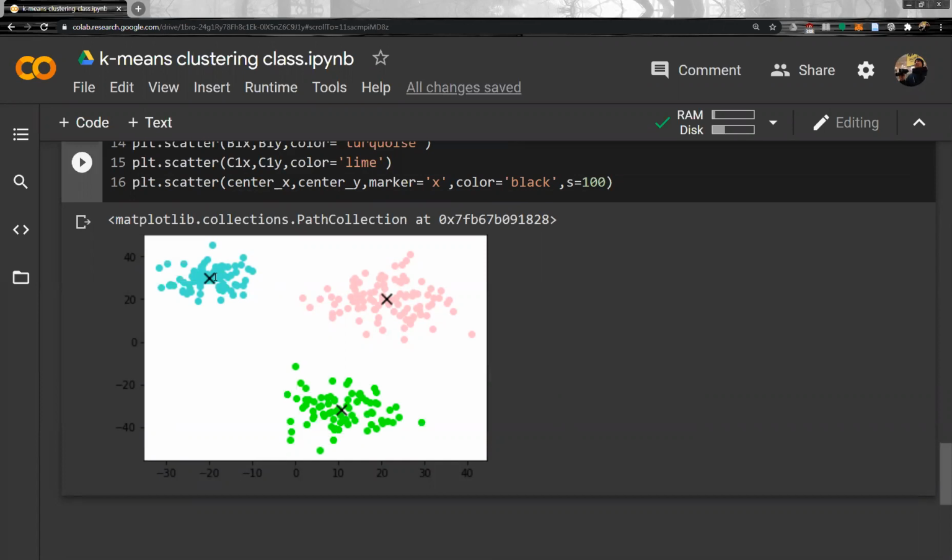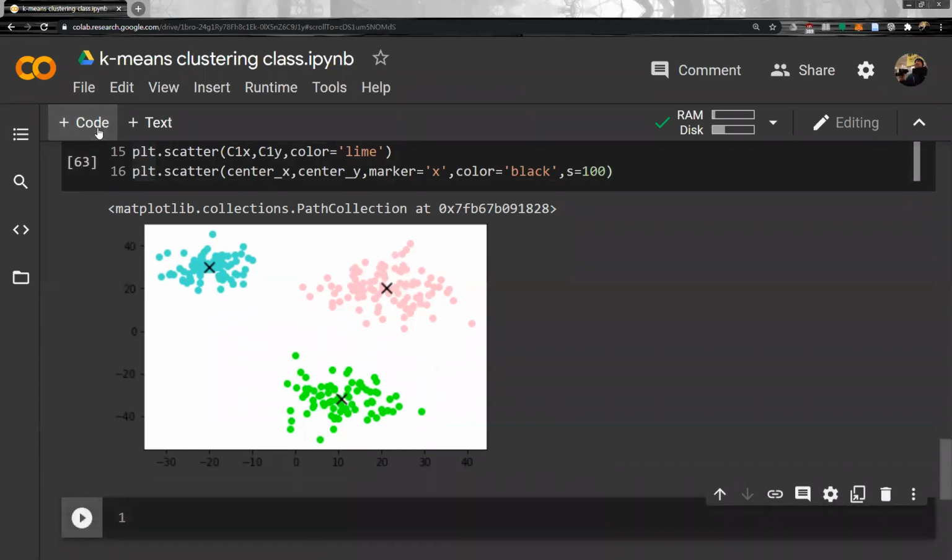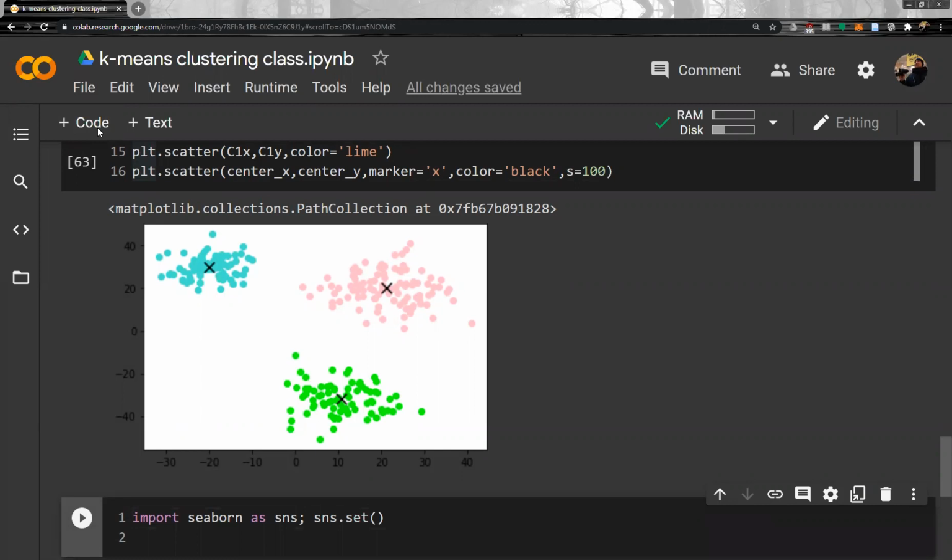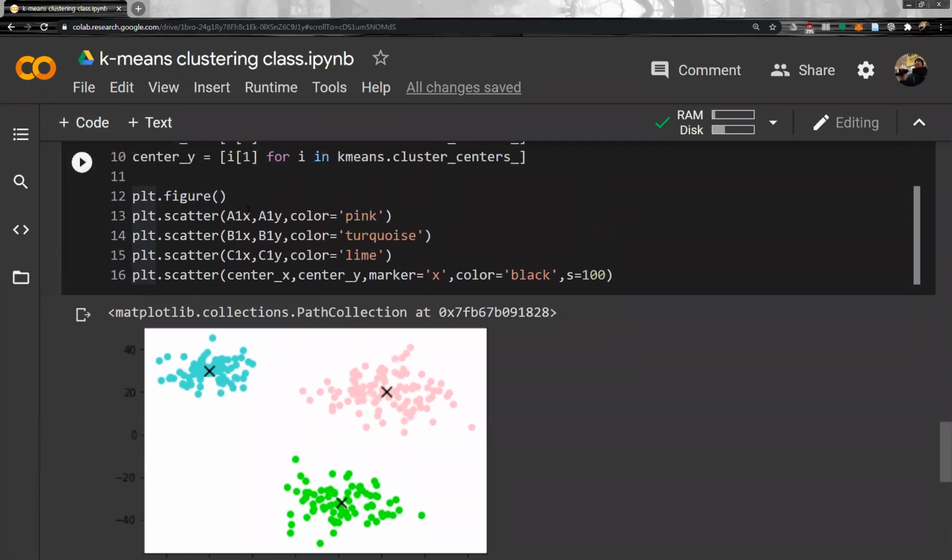Well, let's make it a bit prettier. So let's import Seaborn as SNS, and then SNS Seaborn set, and then scatter plot.